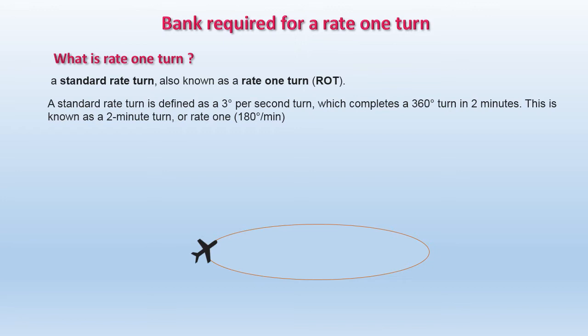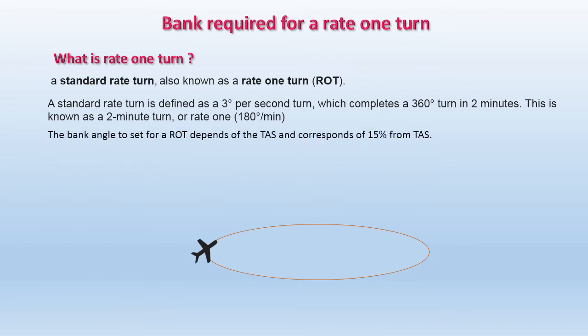A standard rate turn is defined as a 3 degree per second turn, which completes a 360 degree turn in 2 minutes. This turn we know as the 2 minute turn, or we can call it rate 1. For rate 1 it's 180 degrees per minute, which means half of a circle.